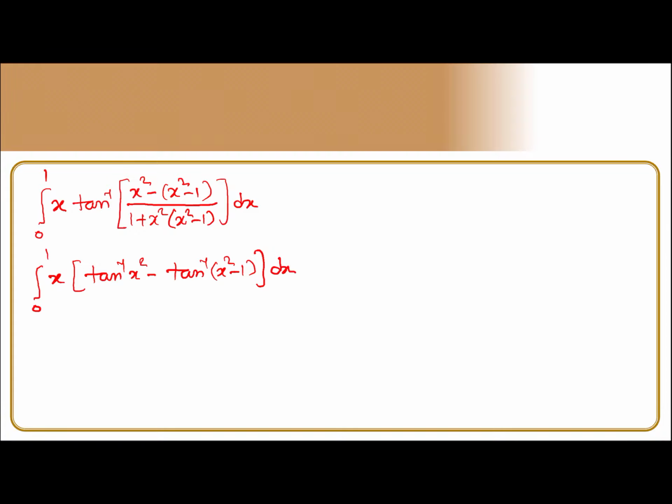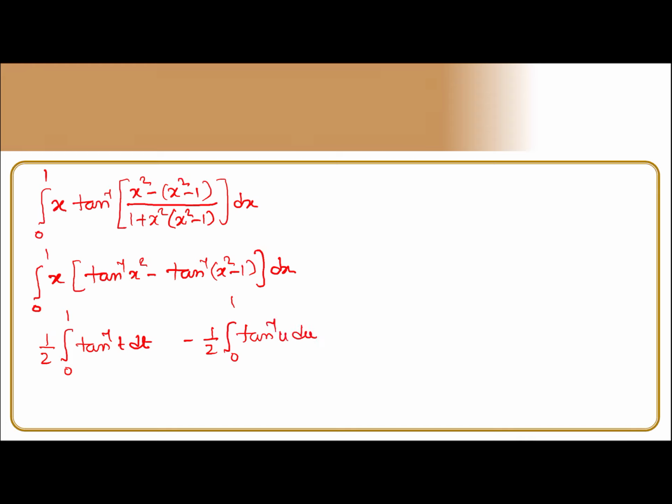So what we observe is, if I take in this integral x square is equal to t, so 2x dx equal to dt is given to you. So this becomes 1 by 2 integral 0 to 1 tan inverse t dt, minus 1 by 2 integral 0 to 1 tan inverse u du.